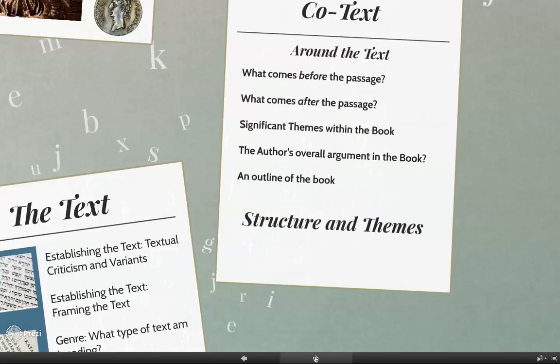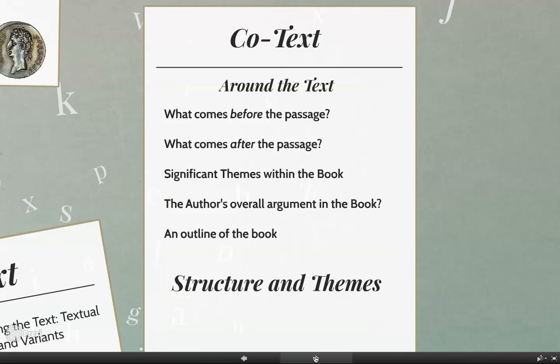If we move on, other kinds of observations we might make are about what we would call the co-text, or the text around the text that we're dealing with. So we would ask questions about, does anything come before the passage that helps us make sense of it? Does anything come after the passage in the book that would make sense of it?